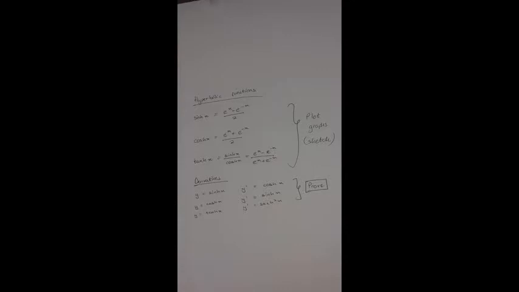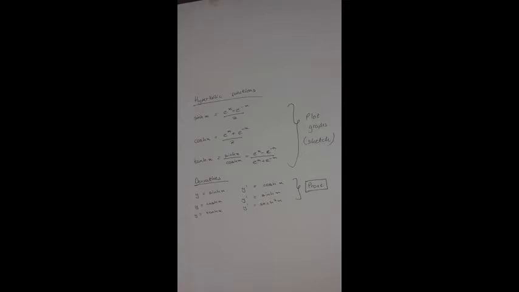For cosh x, it's e to the x plus e to the negative x over 2. Also know how to plot it. And then tanh x is sinh x over cosh x. The 2's cancel out, which means you are left with e to the x minus e to the negative x over e to the x plus e to the negative x.